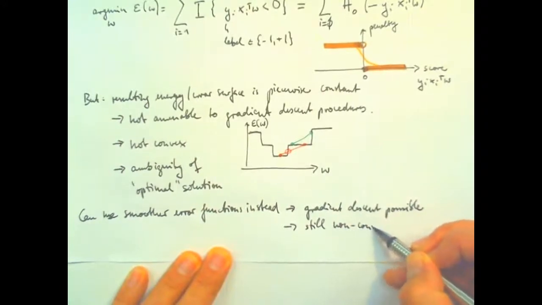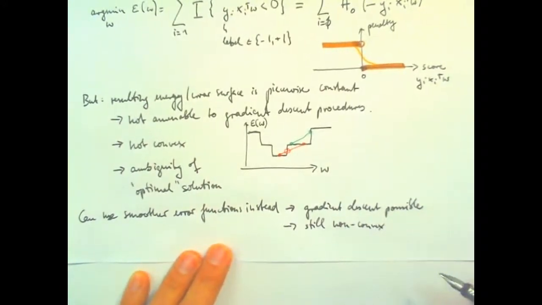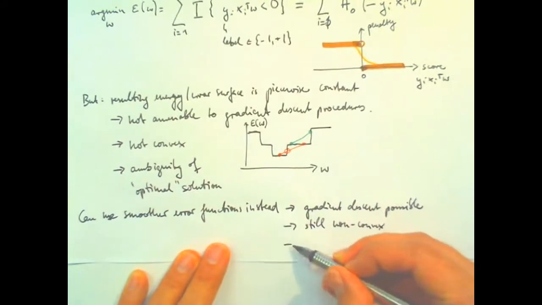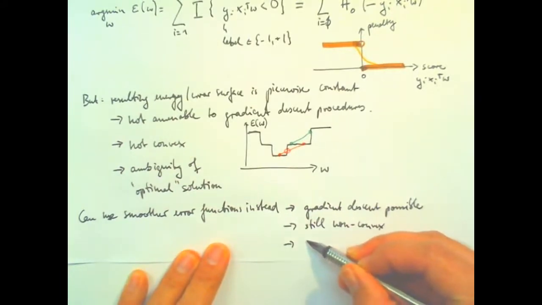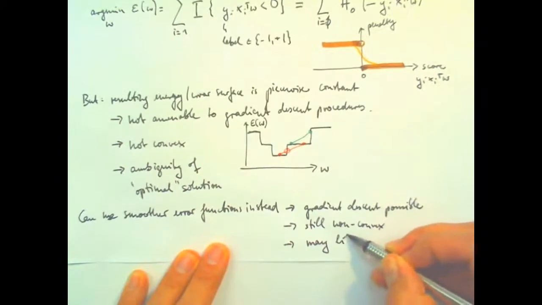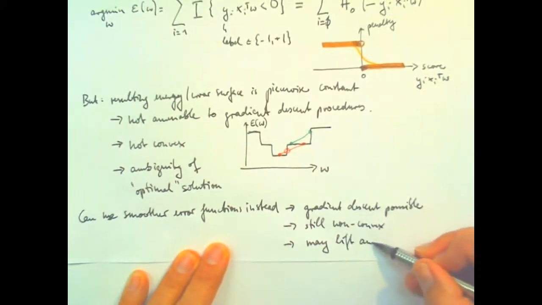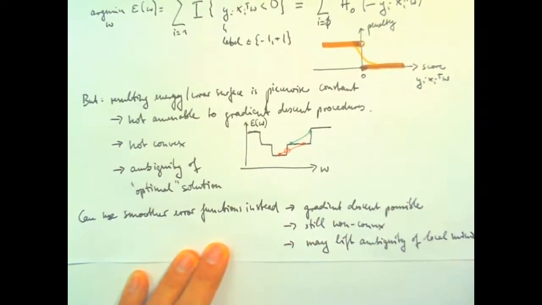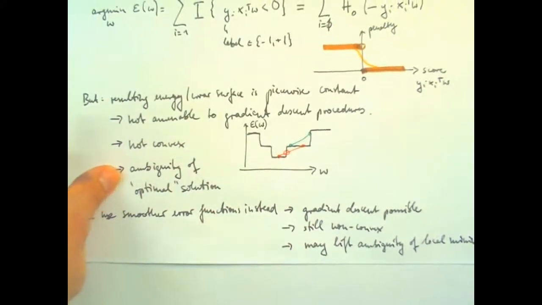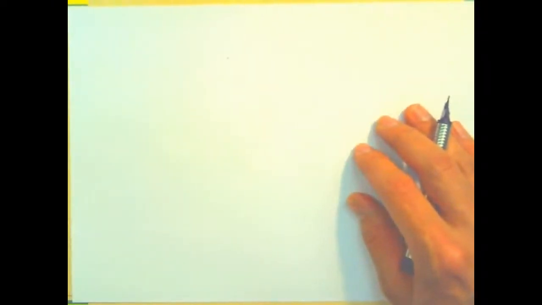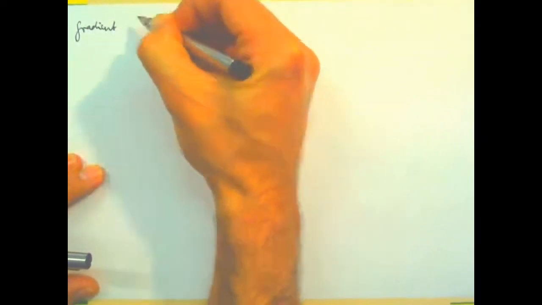We still have a non-convex error function, and depending on how much you smooth, you may lift the ambiguity of local minima. So let's look at what a gradient descent procedure could look like. Gradient descent training.